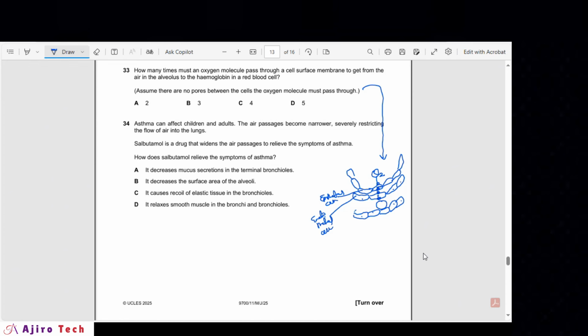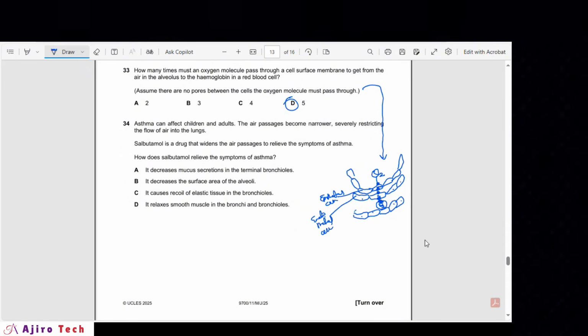So it passes through the cell surface membrane of the red blood cell. That's the fifth membrane. So 1, 2, 3, 4, 5. The oxygen molecule will have to cross 5.